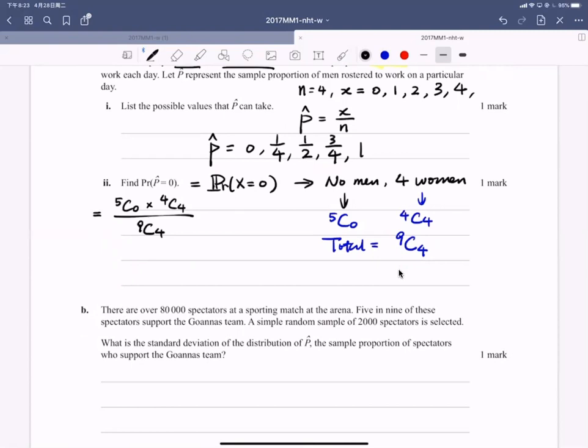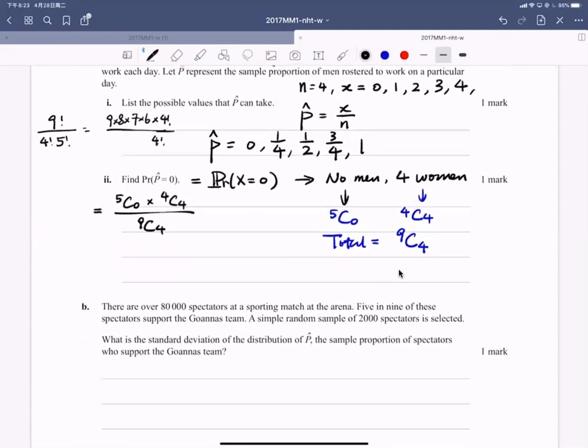All right, now it's our job to calculate the value of 9C4. What is 9C4? 9 factorial over 4 factorial, 5 factorial. So it's 9 times 8 times 7 times 6 divided by 4 factorial at the back, 5 times 4 times 3 times 2 times 1. Okay, these two will get rid of each other. And 8 gets rid of 4 and 2. 3, okay, 3 and 6, 2.